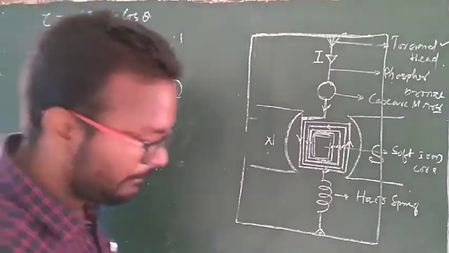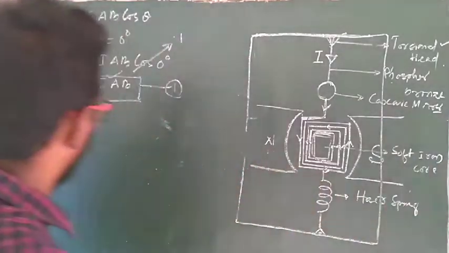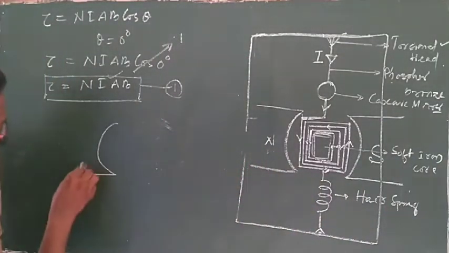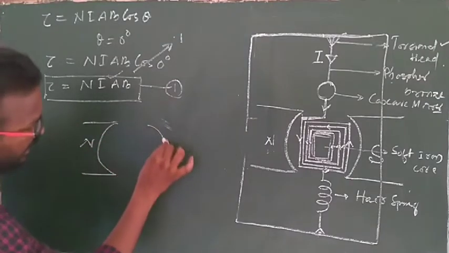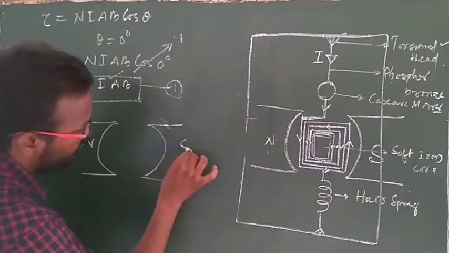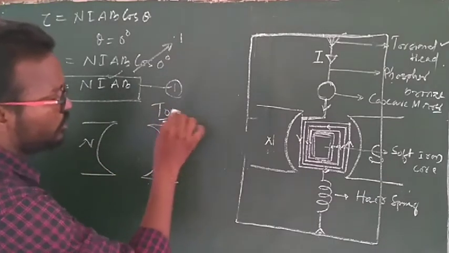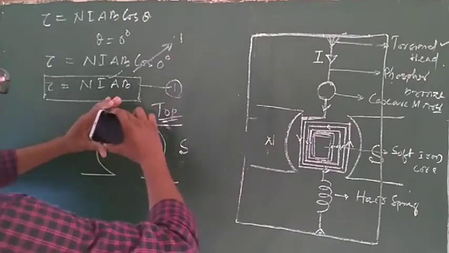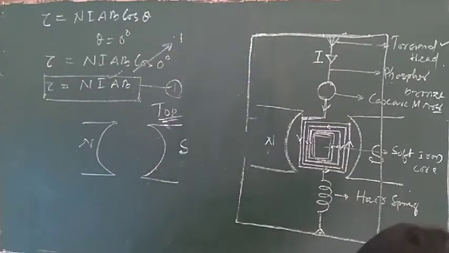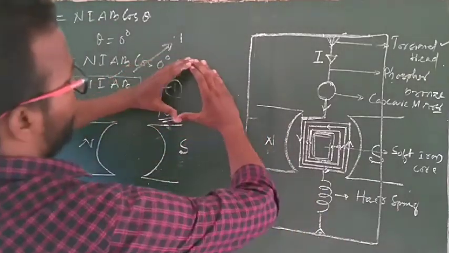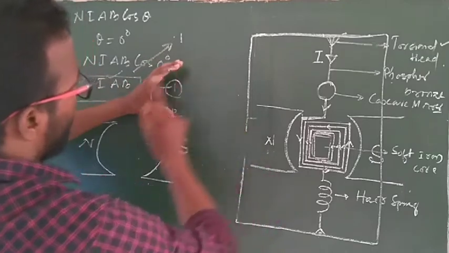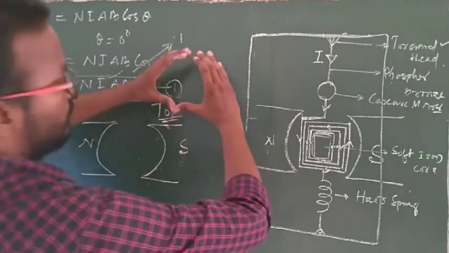Clear? Okay. Now this is the north pole and this is the south pole. You have to imagine it, and this is the top view of the horseshoe magnet. This is like cylindrical. In this way, this is the horseshoe magnet, here north pole and here south pole. Clear?